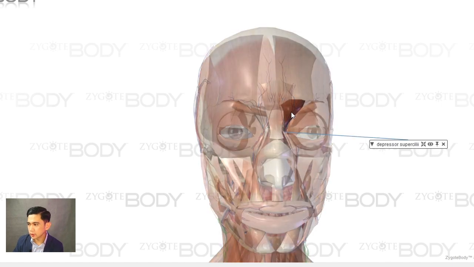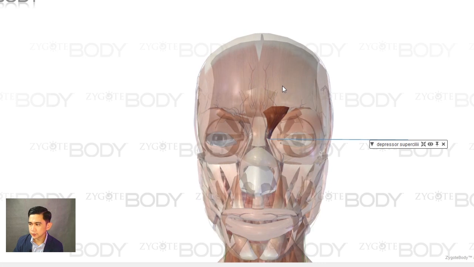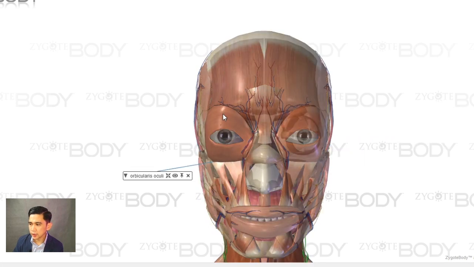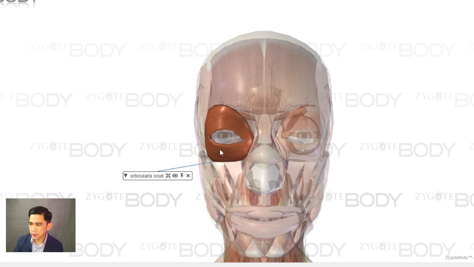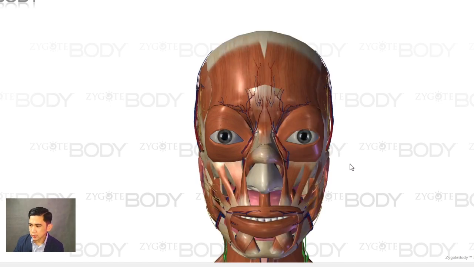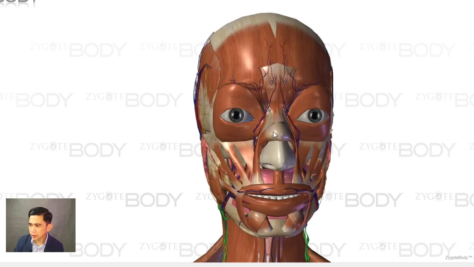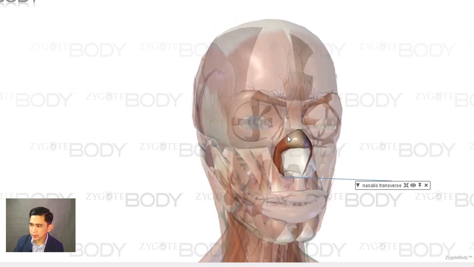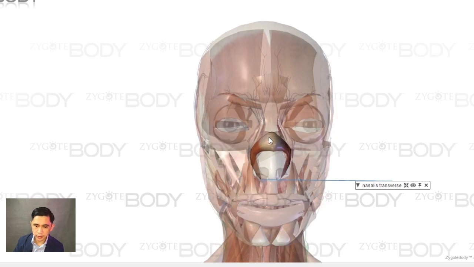We have the corrugator supercilii, one side. We have the orbicularis oculi, which controls the squinting of the eyes and also the lowering of the eyebrow. And we have here the nasalis. It produces the bunny lines.